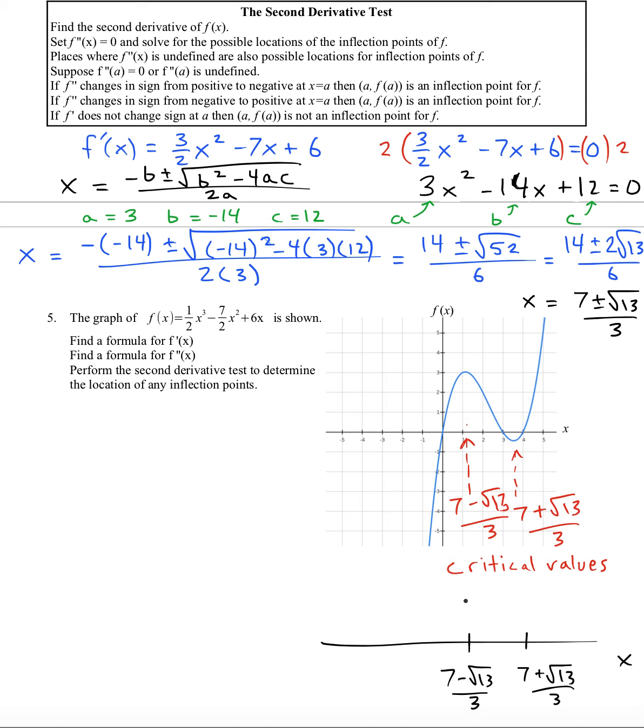These are places where we know that the derivative is going to have a sign of neither negative nor positive. It's going to have a value of 0 there, because they are, as we can see in the graph, a local max and a local min.